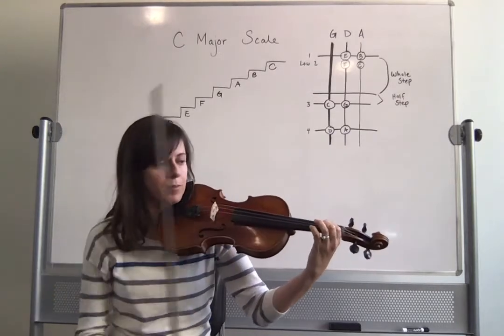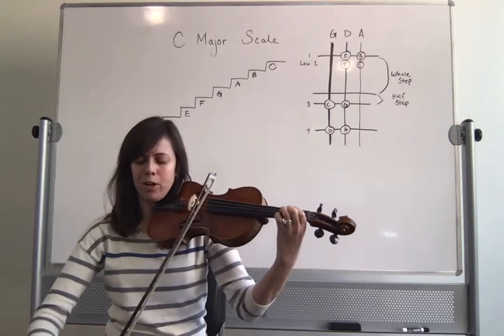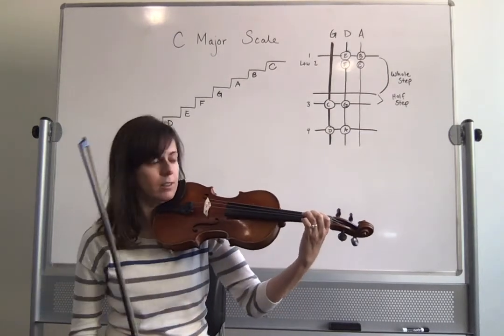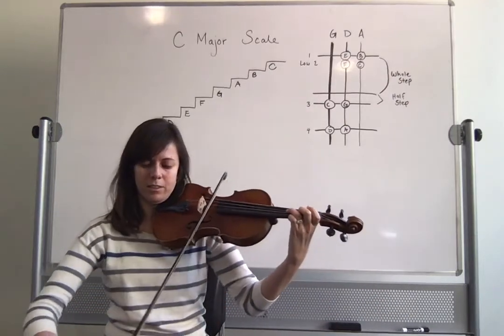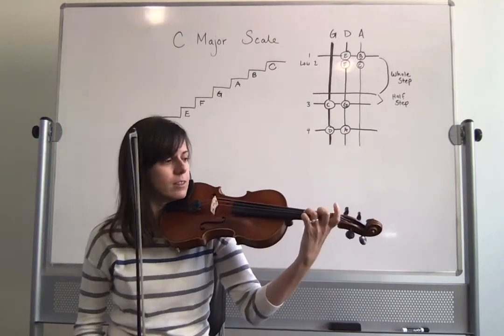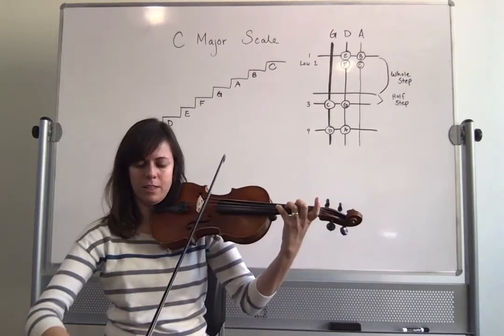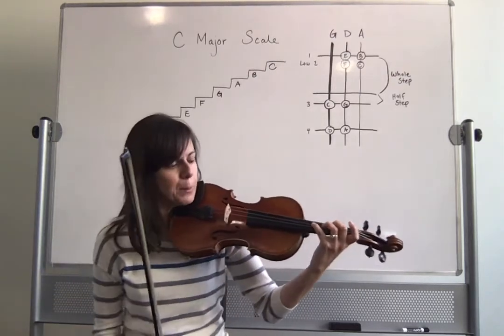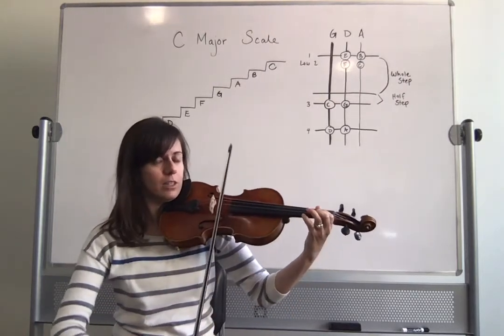Your turn. My turn, low F, not F sharp. Your turn. My turn, stretching up to G. Your turn. My turn, A. Fourth finger. Your turn. My turn, B. Your turn.